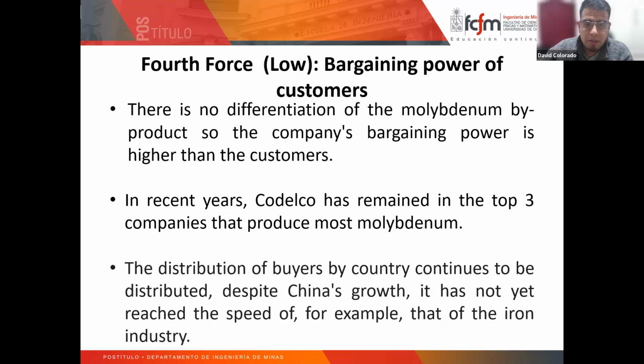The distribution of buyers by country continues to be driven by China's growth. It has not yet reached the speed of, for example, the iron industry. And next slide, Roderick.